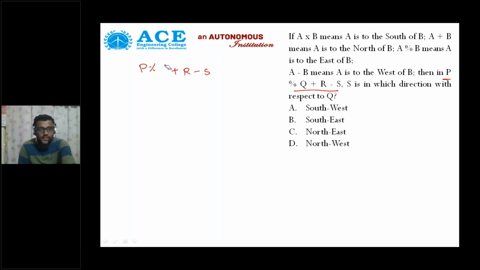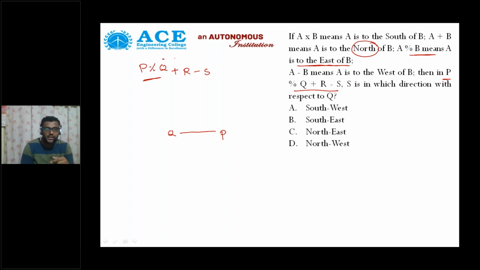What is that percentage meaning? P percentage Q means P is east of Q. A percentage B means A is east of B. Then what does plus mean? It is north.